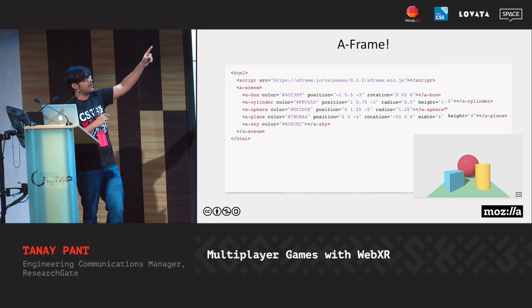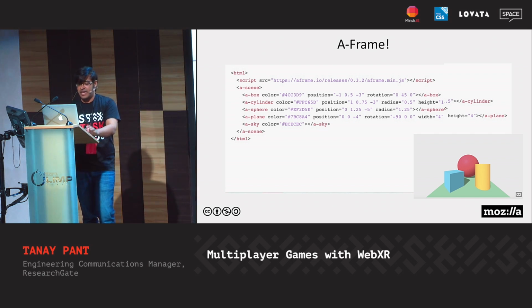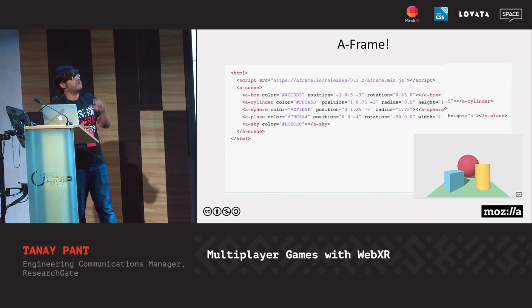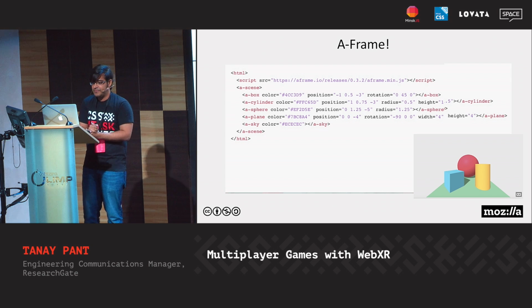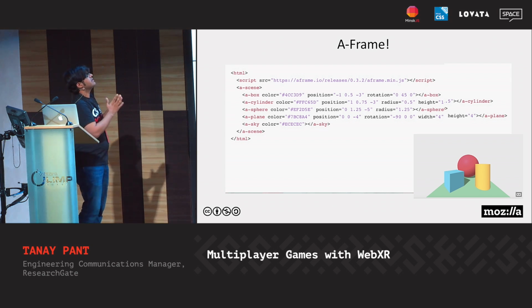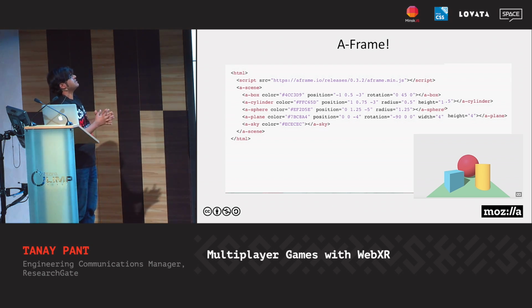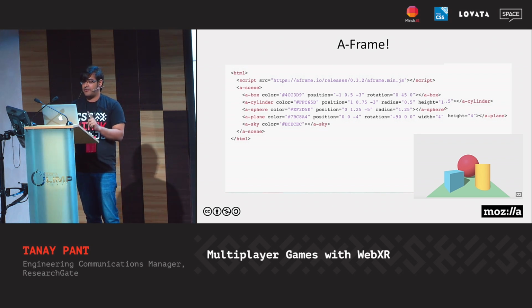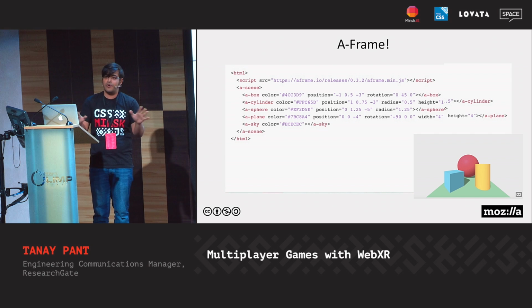So this is a WebVR Hello World program written using A-Frame. As you can see, it's just HTML. You can start by dropping a script tag, which includes the minified version of the A-Frame.js library. And one single line of code, this a-scene tag, basically handles everything, like canvas, camera, renderer, lights, controls, WebVR polyfill, VR effect.